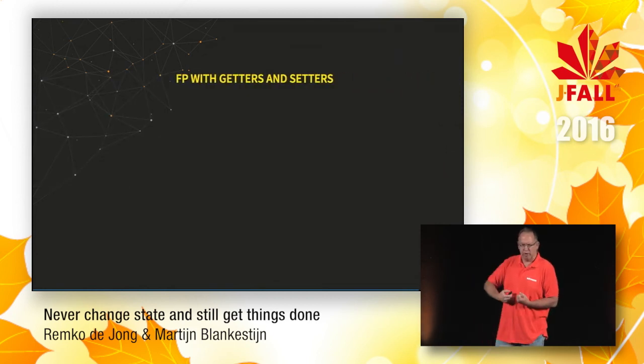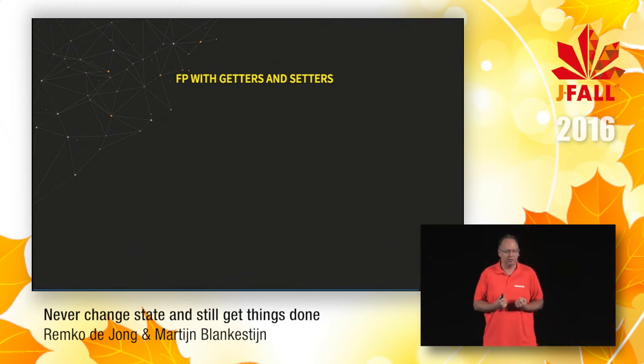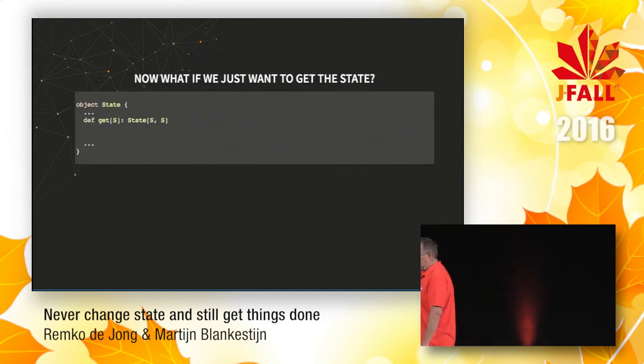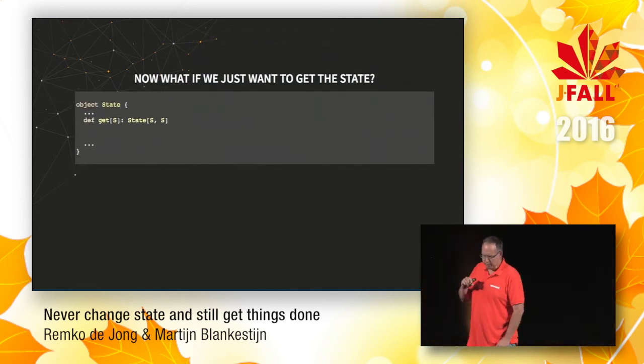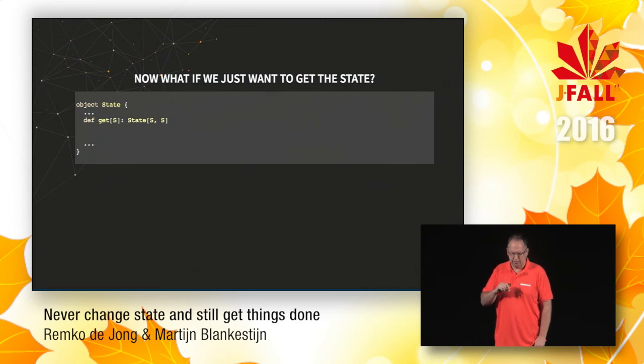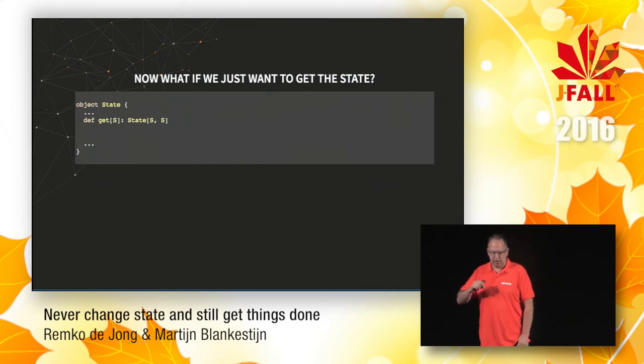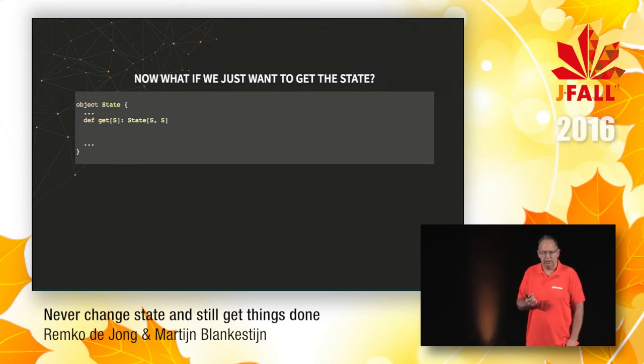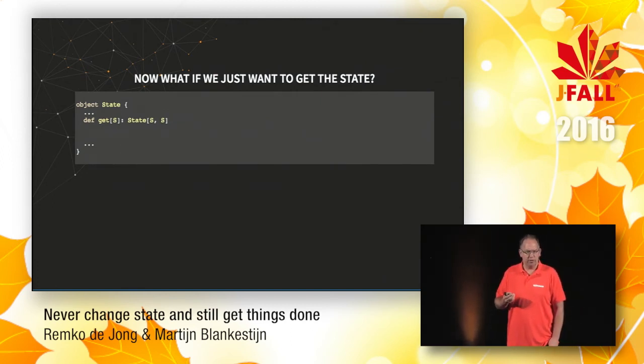Well, to make it more imperative, we would like getters and setters back. So what if we wanted to do something with the state? Well, you can define a get function that will return a state.